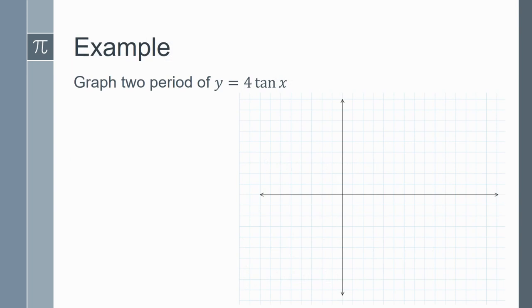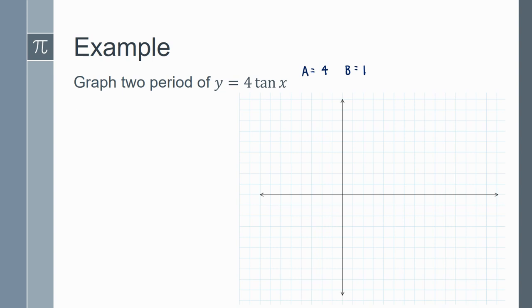So let's take a look at this example. I want us to graph 2 periods of y equals 4 times the tangent of x. So just like our other problems with sine and cosine, we do want to identify a and b. That's going to be important. A is the number that's in front of our trig function, so 4. B is the number that's in front of x, so 1.